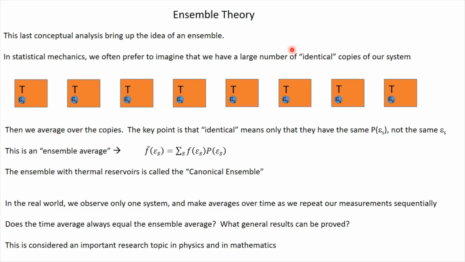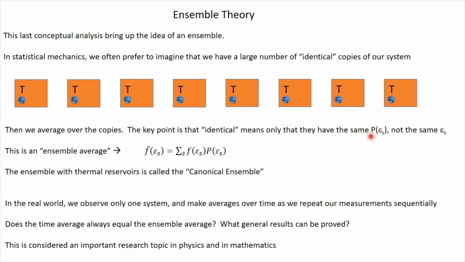Now we'll consider the copies identical, but only identical in the statistical sense. That means identical means they have the same P of E sub s. It does not mean that the subsystems will all be certainly found to have the same E sub s energy. You get the point?